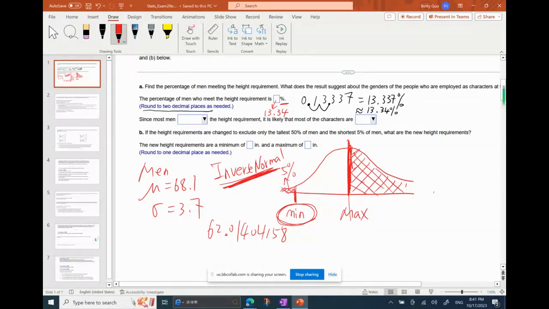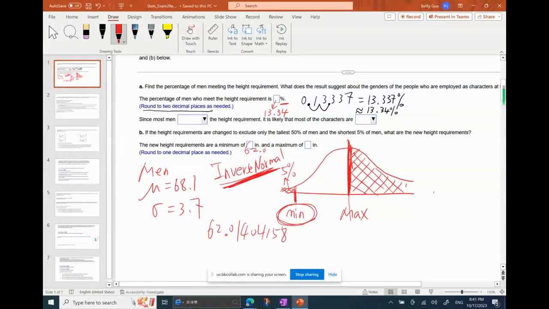Oh, that one is just 62. We round it down anyway. 62.0. Do we do the 0? 62.0. Yes, that's correct.